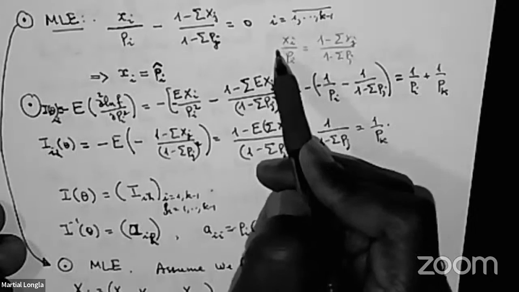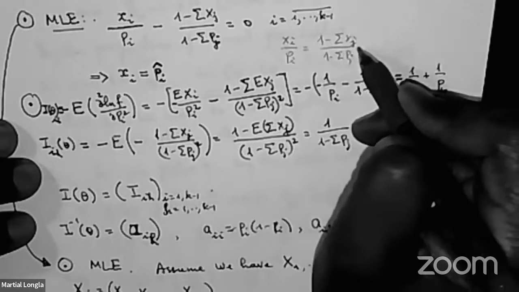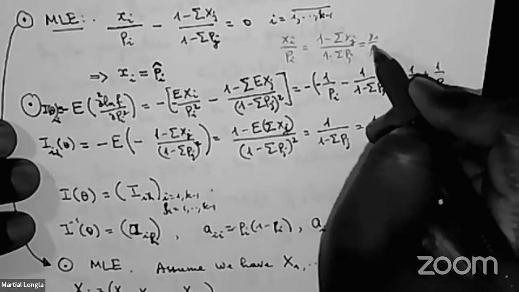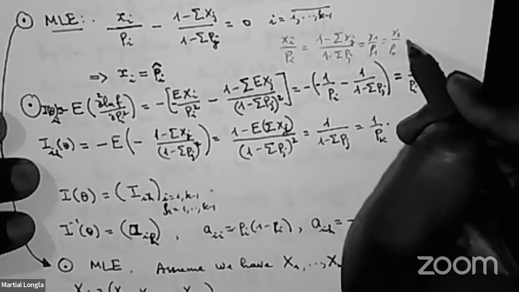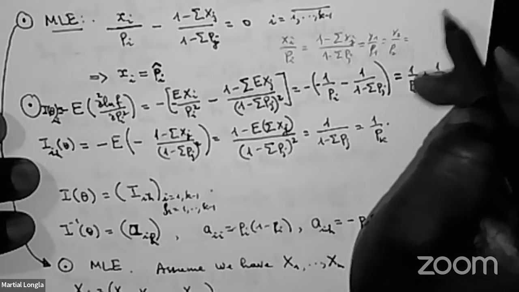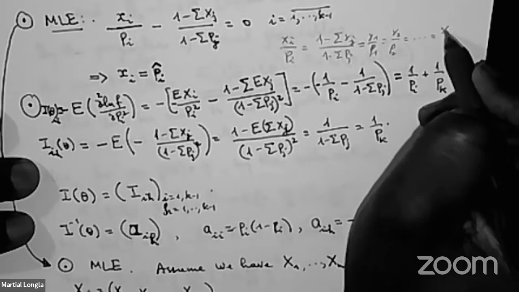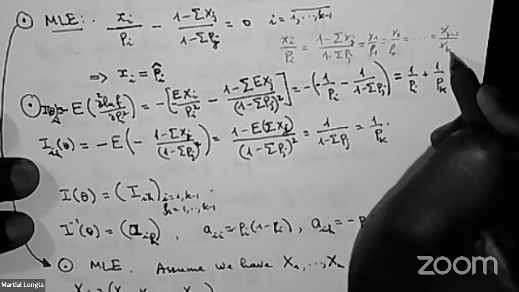But these xi's over pi's, it's all of them actually. This is like saying that x1 over p1 equals x2 over p2 equals, and so on, equals x(k-1) over p(k-1).